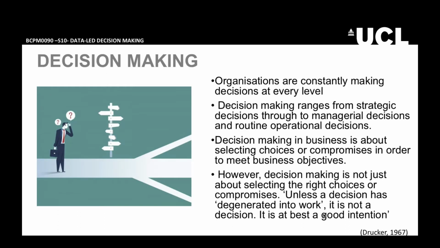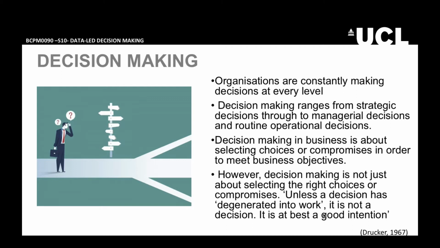Well, first of all, I would like you to clearly understand what decision making means. You must be aware that organizations are constantly making decisions at every single level. So we can find decision making at all the different levels in an organization, from the strategic level to the managerial level to the operational level through daily operational decisions.